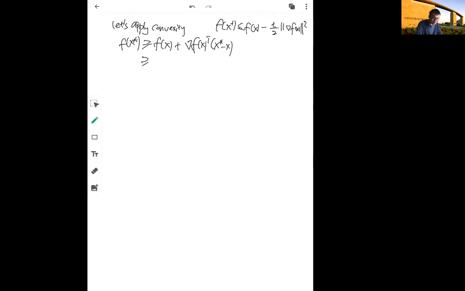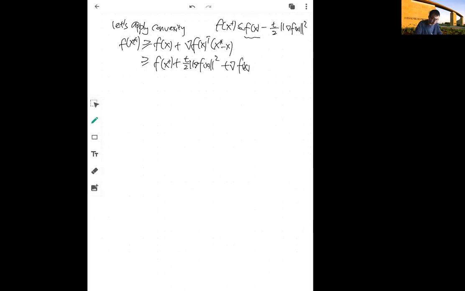So let's apply this descent lemma to construct a lower bound of f of x by moving the minus t something to the other side. Then we can replace this f of x with f of x plus, but then we can add this half t gradient of f at x squared.